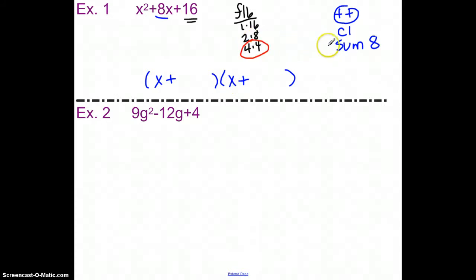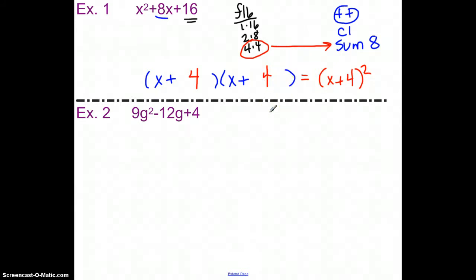So I can clearly see that 4 and 4 is going to be what gives me a sum of 8. So that means that this is going to be 4 and 4. Now remember, that means that probably on an answer, if you were to look at a test, you might see something like this. And you kind of have to know that these are the same things.